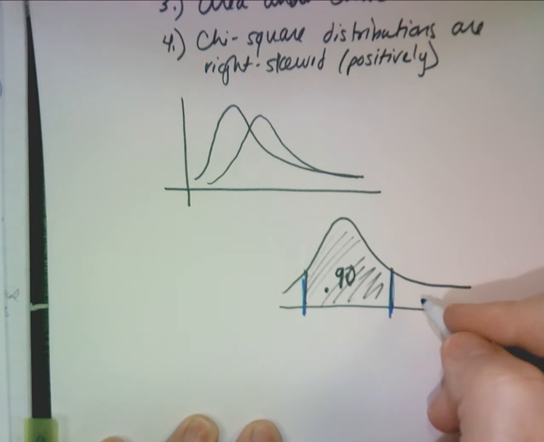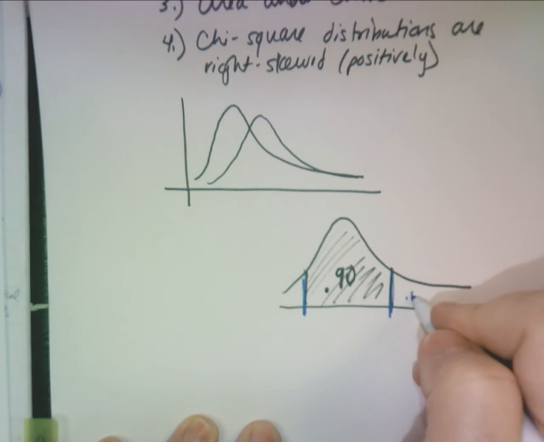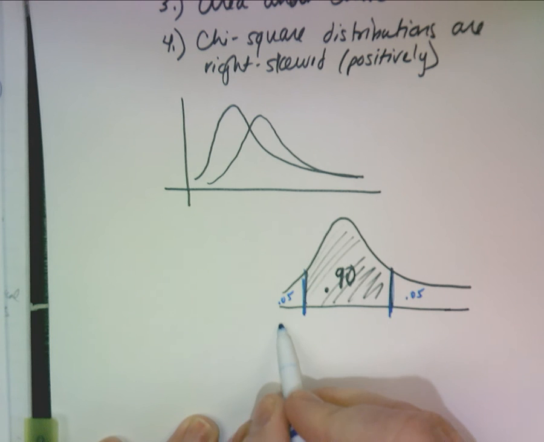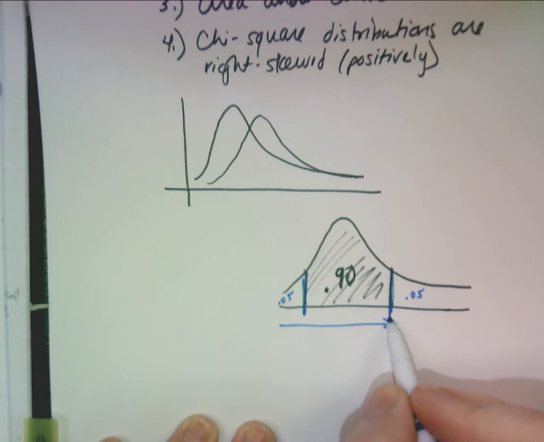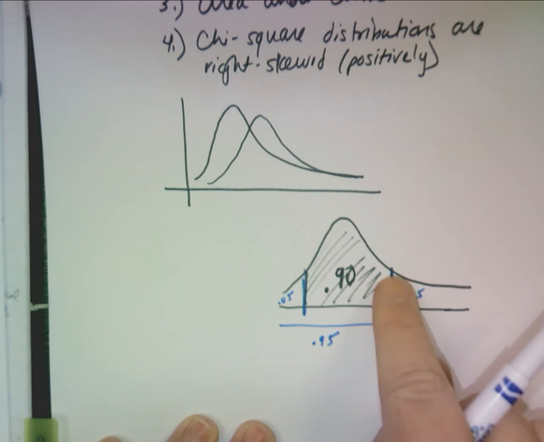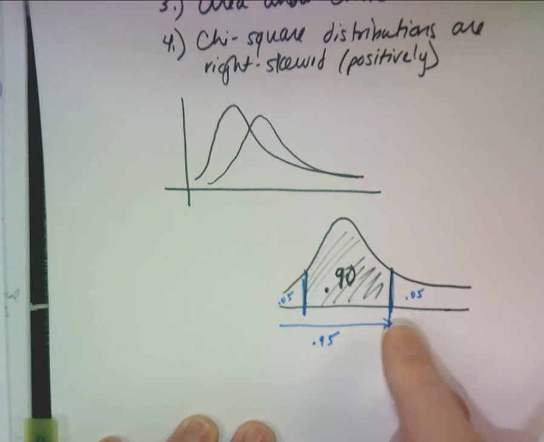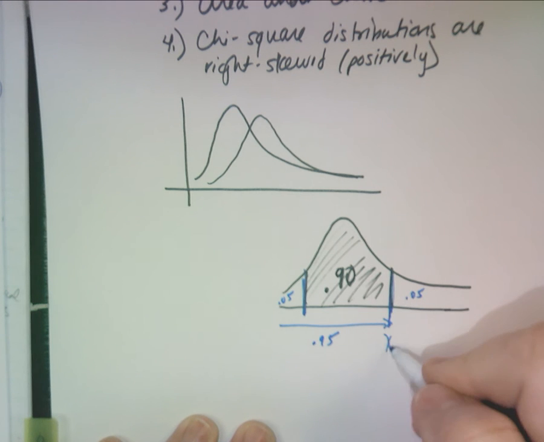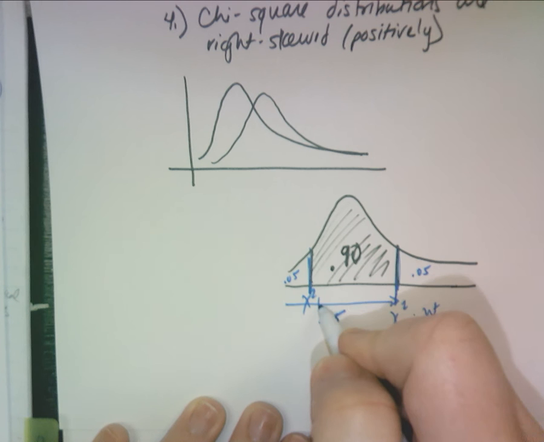So again, you would have 0.05 here and 0.05 here, and we always read from left to right. So how much is that? Point what? 0.95. Okay, so you actually have to read 0.95 on the chart. And then this one would be chi-square right, and this would be your chi-square left value.